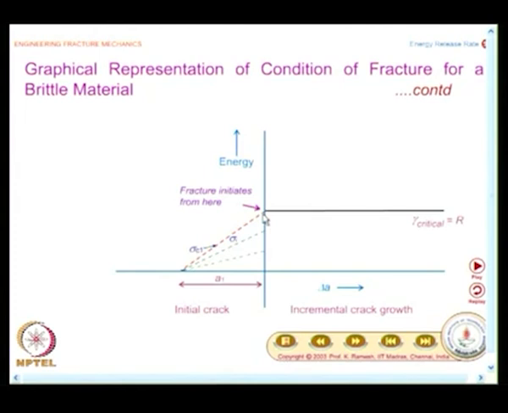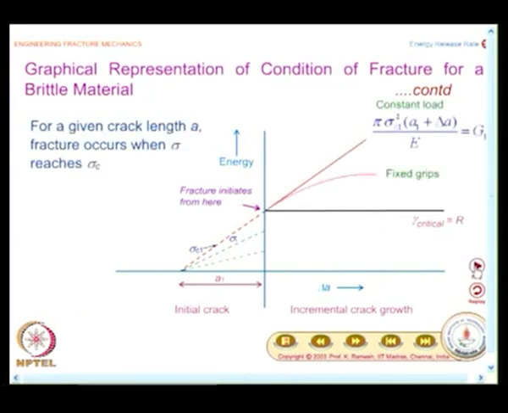So, both the cases of constant load and constant displacement would satisfy this, but beyond this these two will be different. We will look at that also, and this is what you look at here.